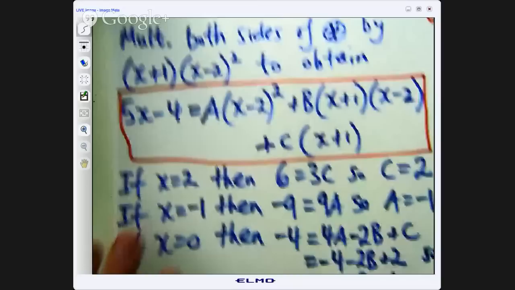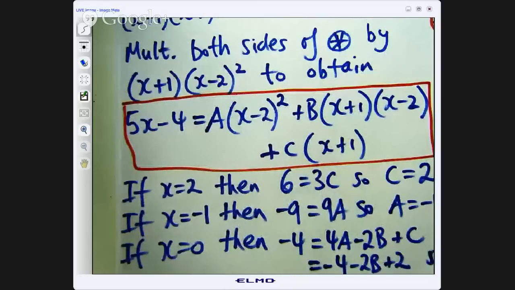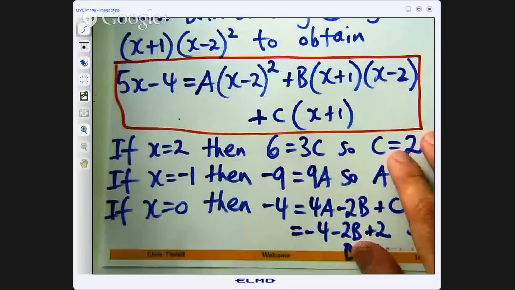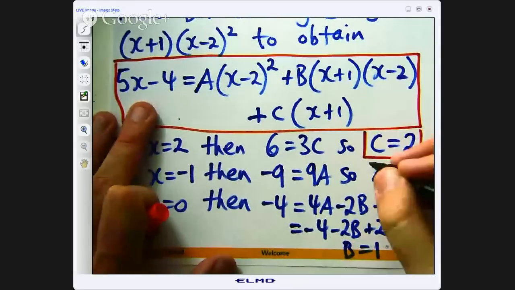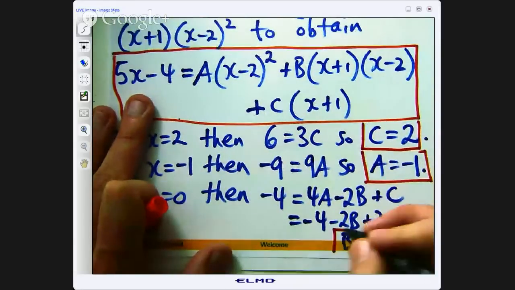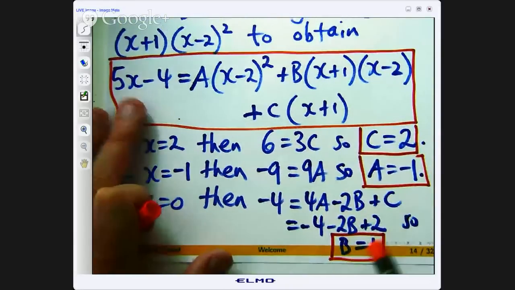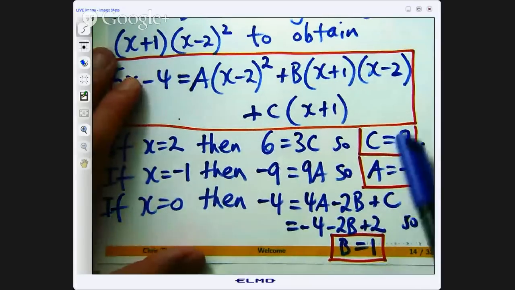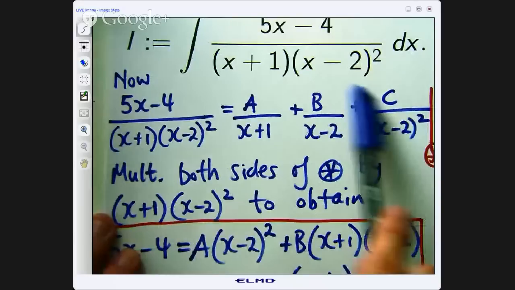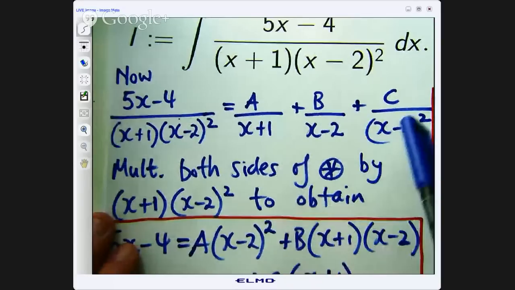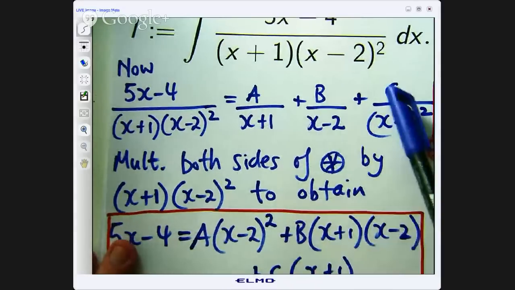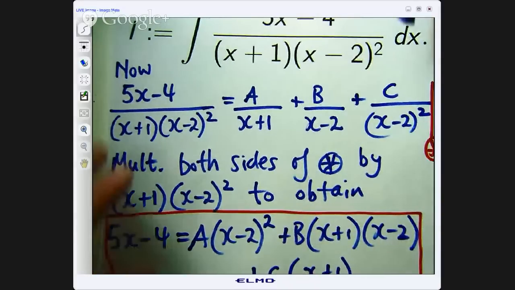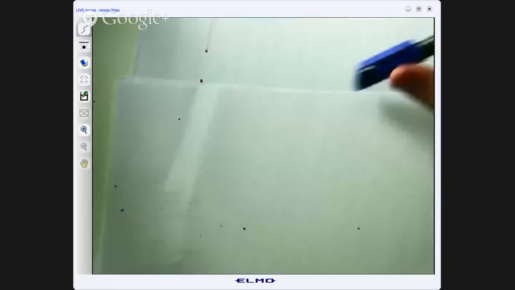All right, so let me box those up. So c equals 2, a equals -1, and b equals +1. So now I can take those back up here and integrate each of these things separately for a particular a, b, and c. Okay, so let me take a new page and we can do that.